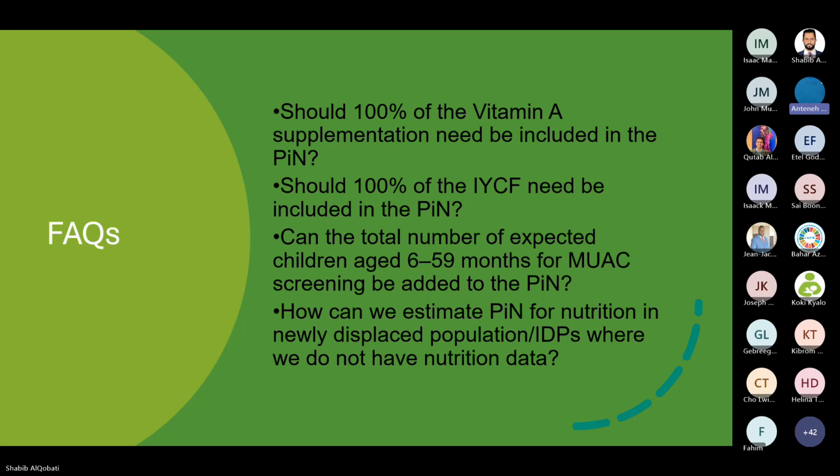So, in order to avoid any complication in our overall estimation, it is better to avoid including the MUAC screening in the people in need, because one, we do not have any control about how many times a child could be screened through the MUAC screening.